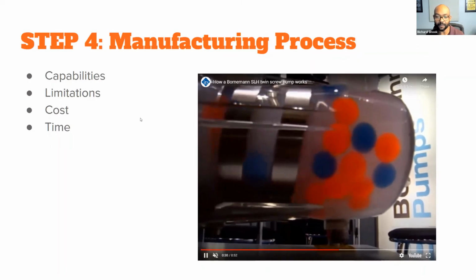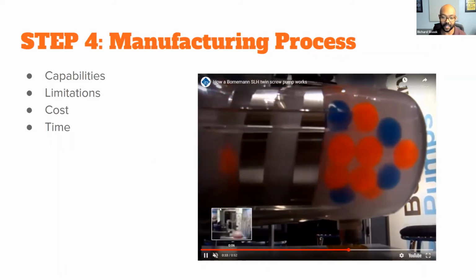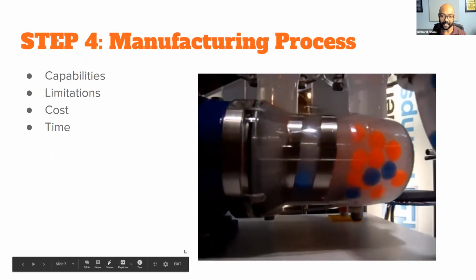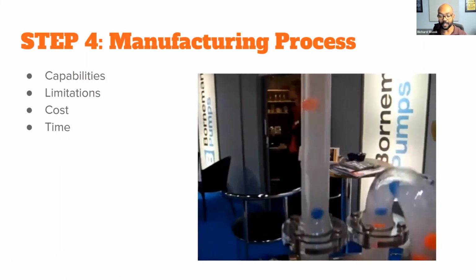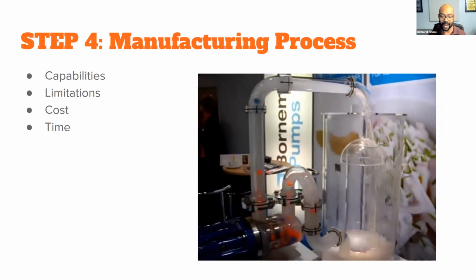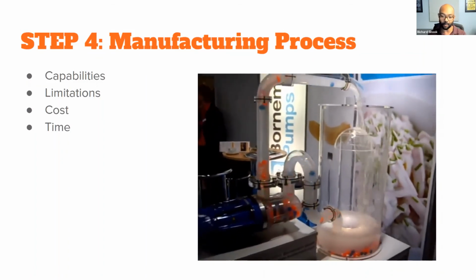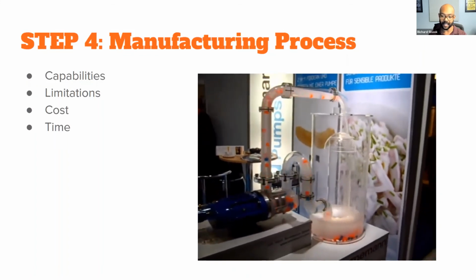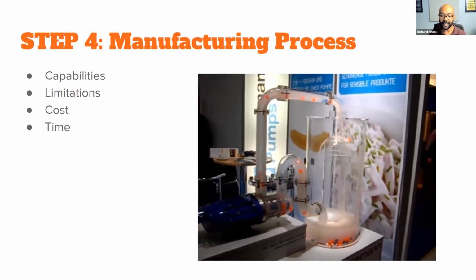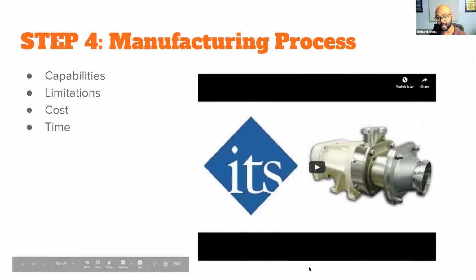The reason is that each of the screws is so tightly toleranced to the others that it looks like they're touching, but they're actually creating small pockets, small voids, in between each of the rotors, such that the fluid and those balls can sit in and travel through the pump up and over without any damage.